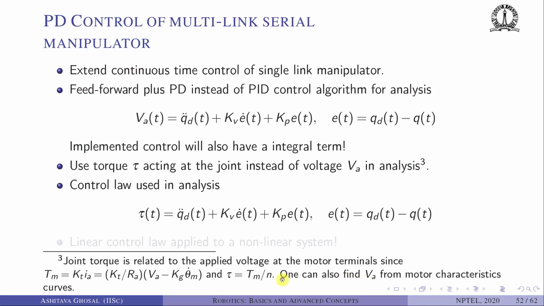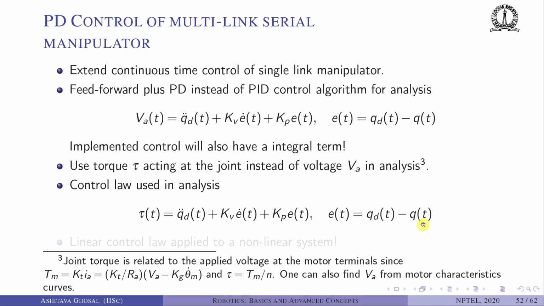So what is the control law which we will use? Tau of t equals QD double dot plus kV into E dot of t plus Kp into E of t. Strictly speaking, it should have been voltage, which is related to motor torque in some manner, but we are going to assume that it is torque that you are applying. Again, E of t is the error between what is desired and what is measured.